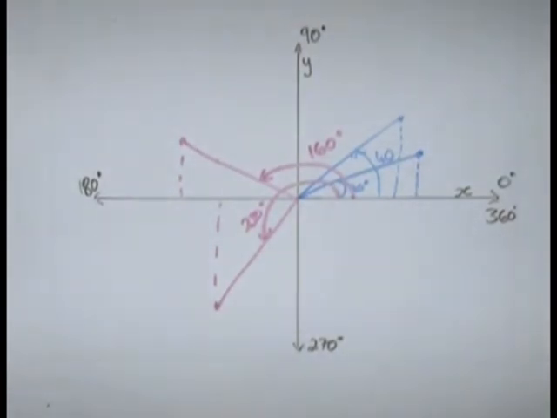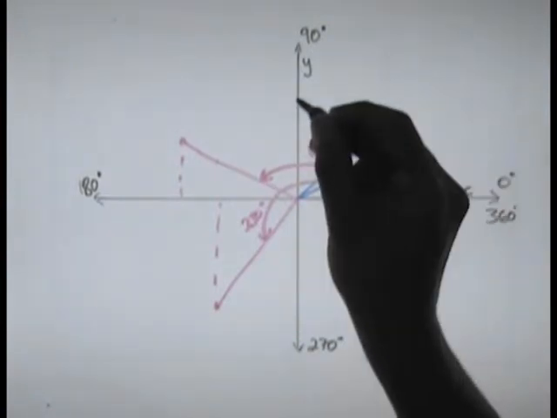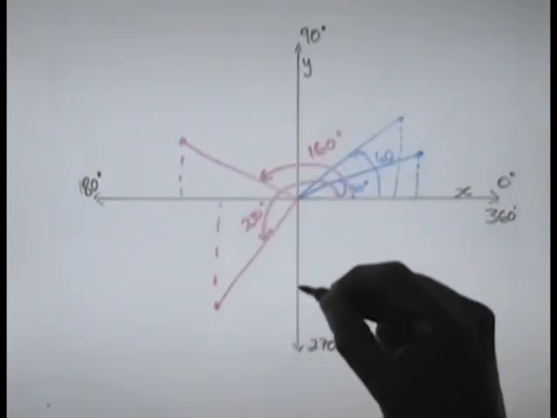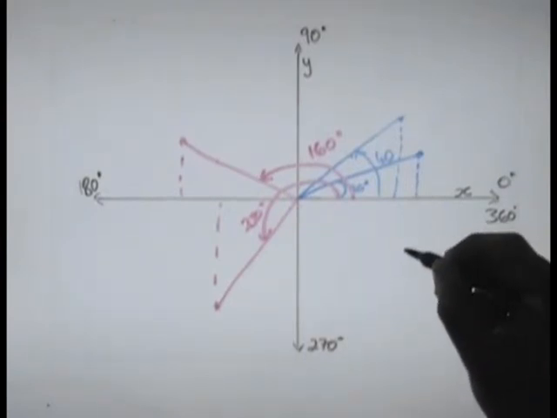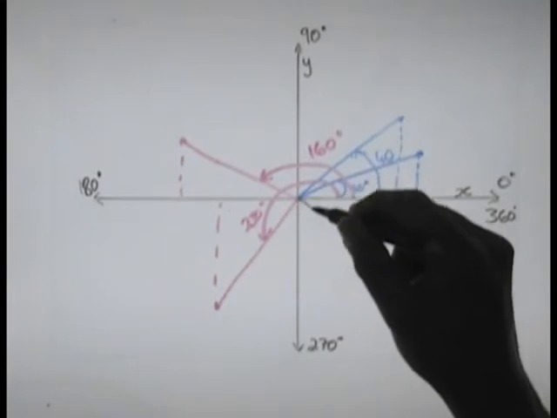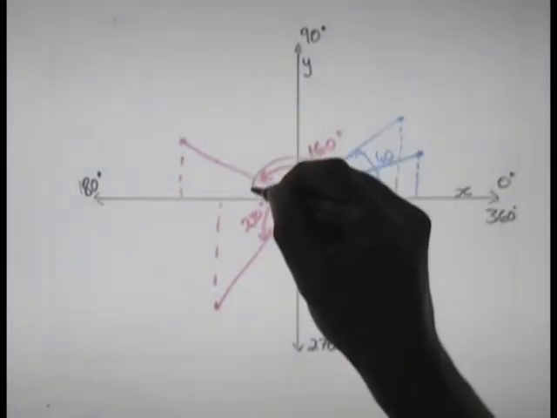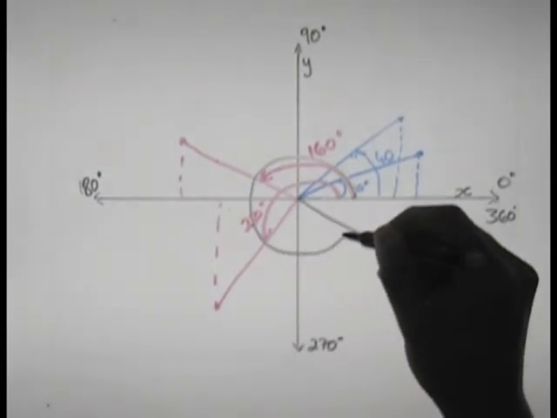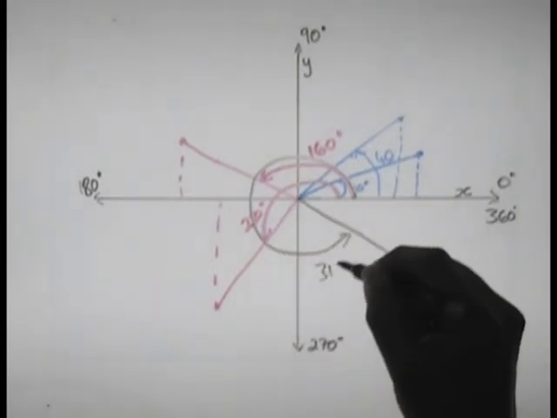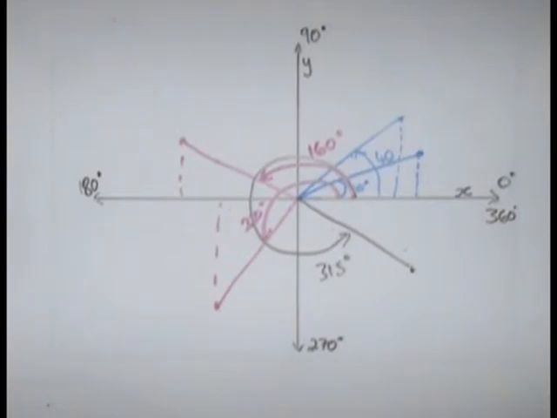The last one, 315 degrees, is going to go 0, 90, 180, 270, 315. So it's going to come somewhere over here, and it's that angle over there of 315 degrees.